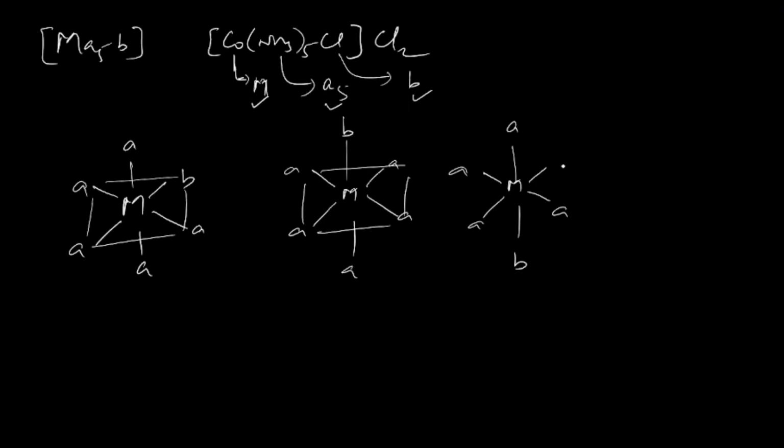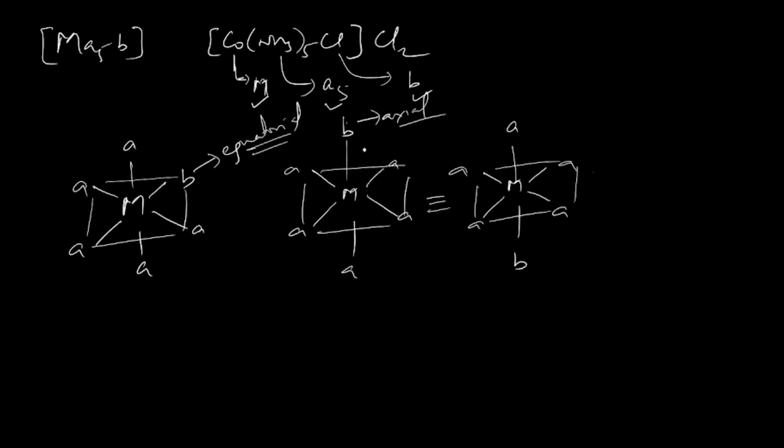See, both are the same, right? Both are identical. There is no change. Here we can say this B is in axial position, and here this B is in equatorial position. Correct? But there is no difference because in an octahedral molecule, any side can be the axial and any side can be the equatorial if all the ligands are the same.